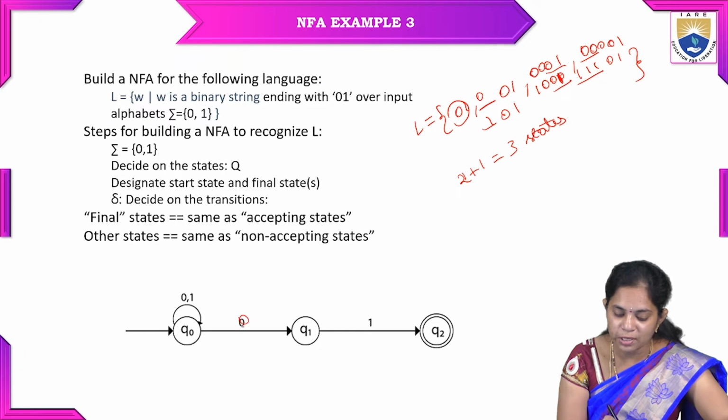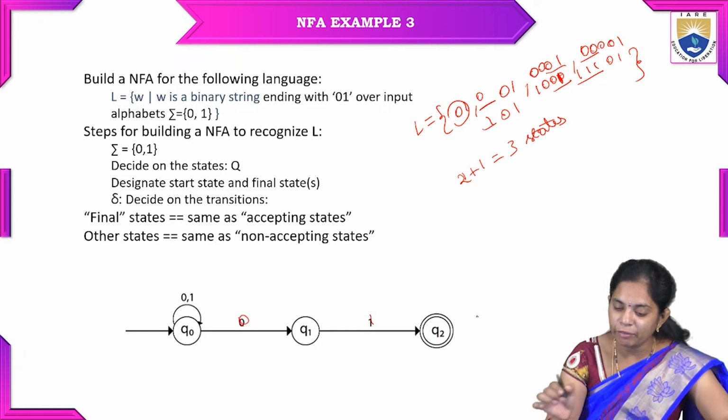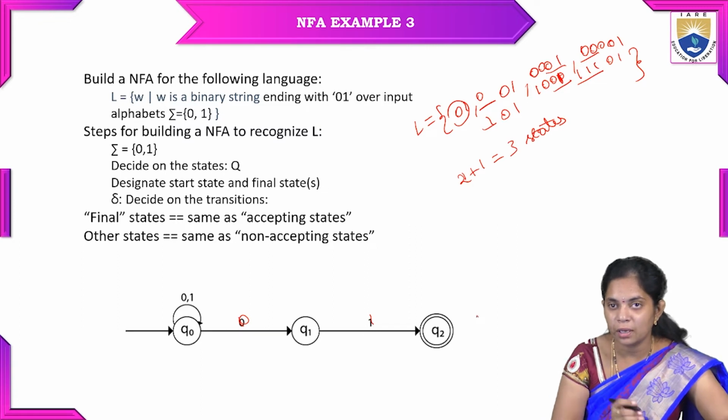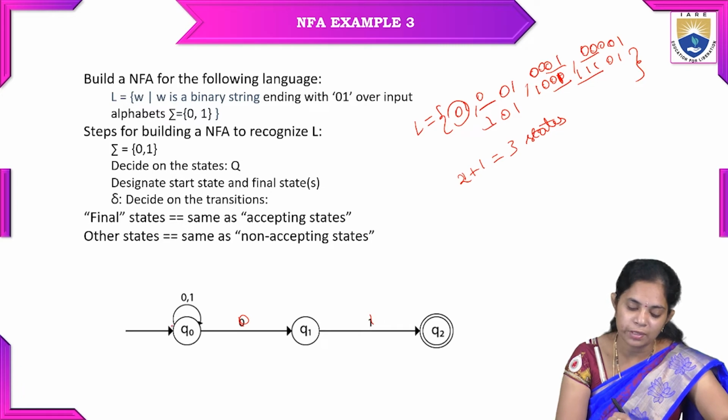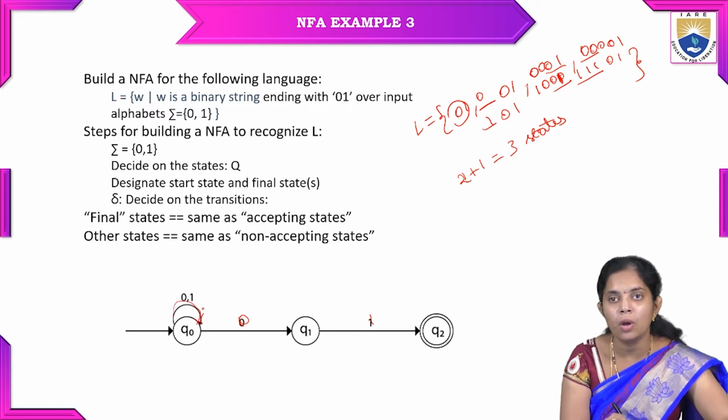First we have to satisfy 01, and then it reaches the final state. If anything is added before the ending 01, we represent it with a loop on 0, 1. We can add 0 many times and 1 many times.